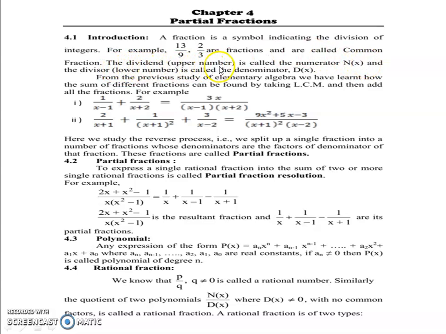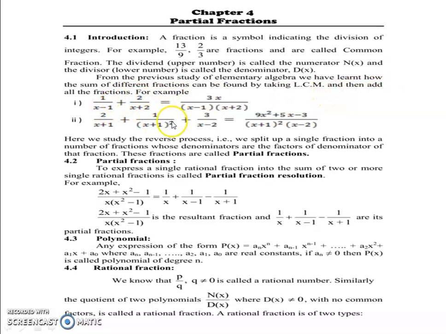The dividend, the upper number, is called the numerator, that is N(x), and the divisor, the lower number, is called the denominator, that is D(x). From the previous study of elementary algebra, we have learned how the sum of different fractions can be found by taking the LCM and then adding all the fractions.